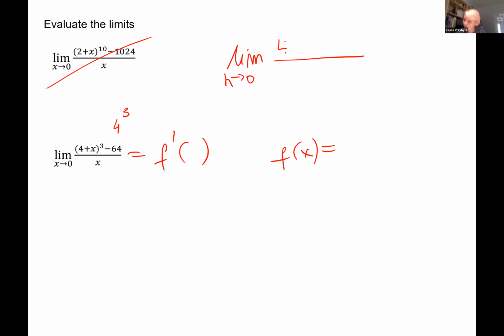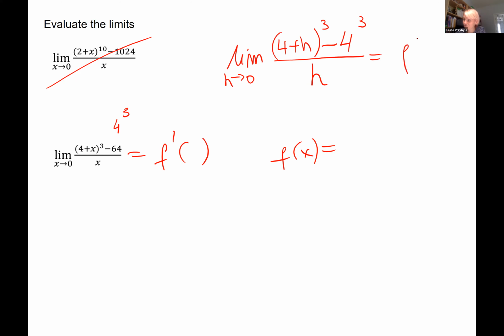Do you think this limit represents the derivative of the function? Derivative at which point? And what is the function? Okay, we can definitely see, I can rewrite the limit as h goes to 0, (4 plus h) cubed minus 4 cubed over h.